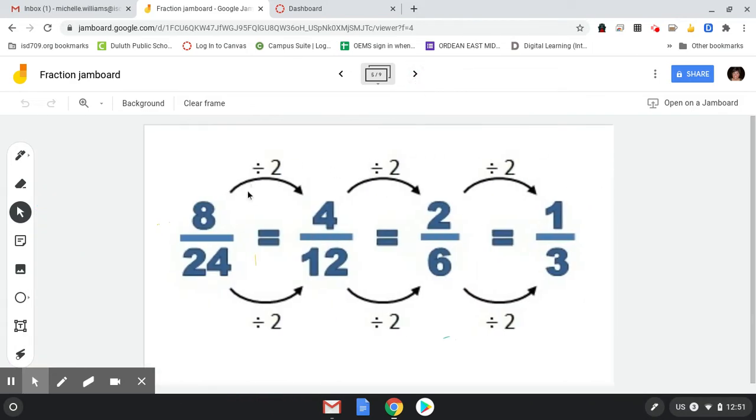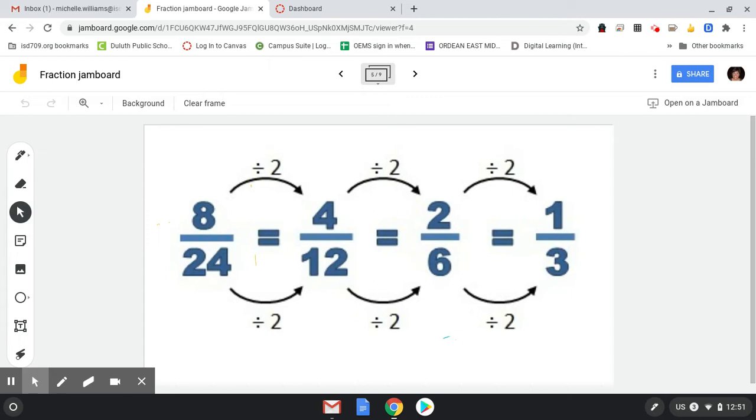Sometimes we take a fraction like 8/24, and kids know that 8 and 24 are both easily divided by 2, so they divide 8 by 2 and get 4, and 24 by 2 and get 12. They notice that though they're still both even, which means they can be divided by 2 again. 4 divided by 2 is 2, and 12 divided by 2 is 6.